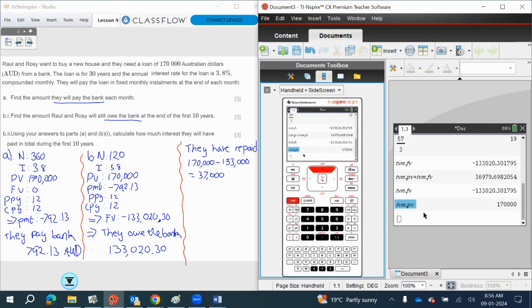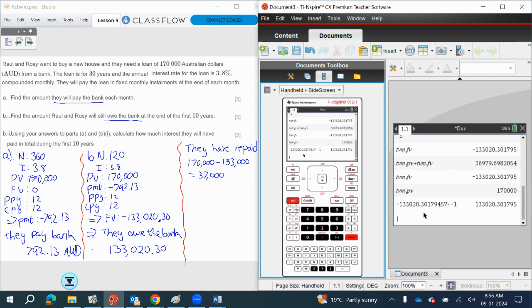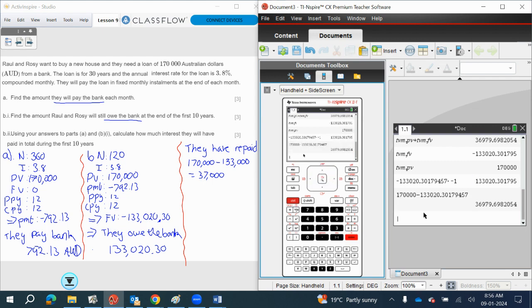So if you want, times it by -1, make this one positive. So now you do this number minus this number. If you're seeing them, it helps you. So that is how much of the principal has been repaid.